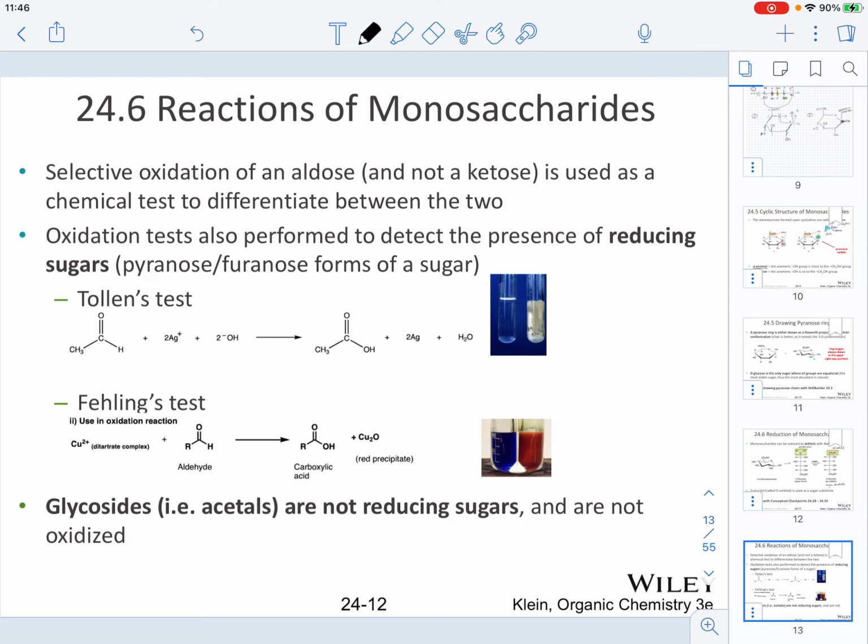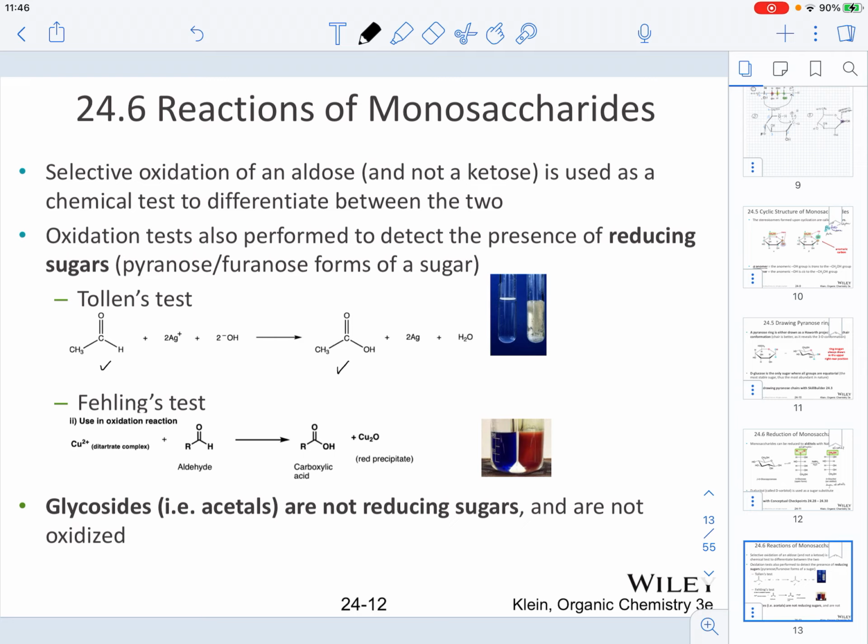Understand that in the Tollens test, once again, those glucopyranoses, or the pyranoses that come from aldohexoses, can undergo an open form, and then the aldehyde functionality that is present in the molecule will be oxidized all the way to the carboxylic acid.